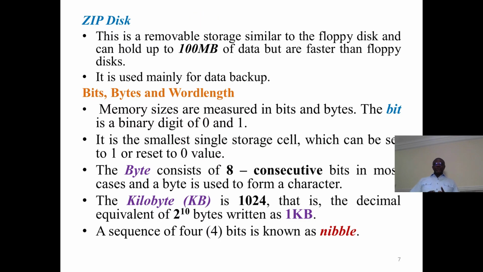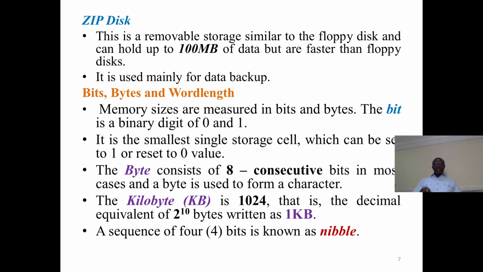Now, we come to very important terminologies in computer systems called the bits, bytes, and word length. Memory sizes are measured in bits and bytes. The bit is a binary digit of 0 and 1.